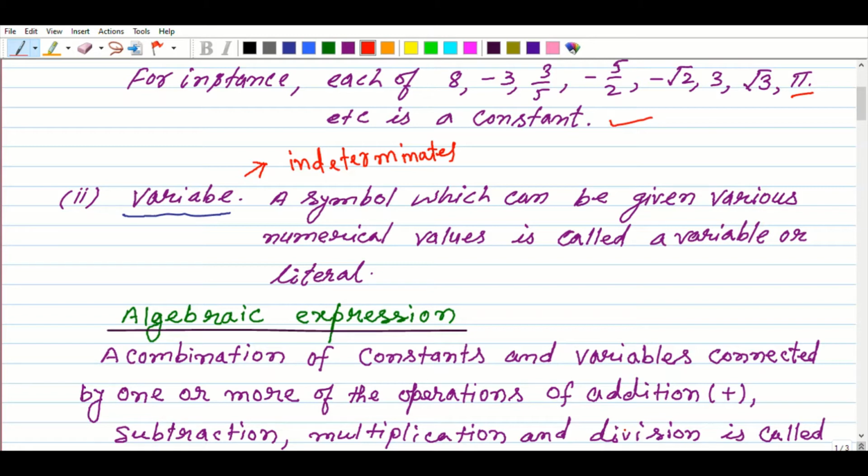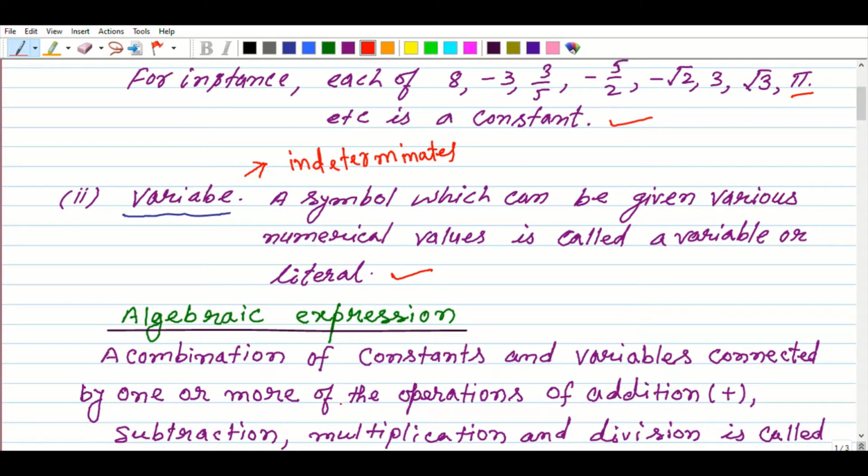And capital or small, small letters of the alphabet we use as variables, right? And variables can also be called placeholders. When any value is found, it replaces the variable, whatever it is, 1, 2, 3, 4, right? So a variable is not a constant, right? It is also called a literal, right?